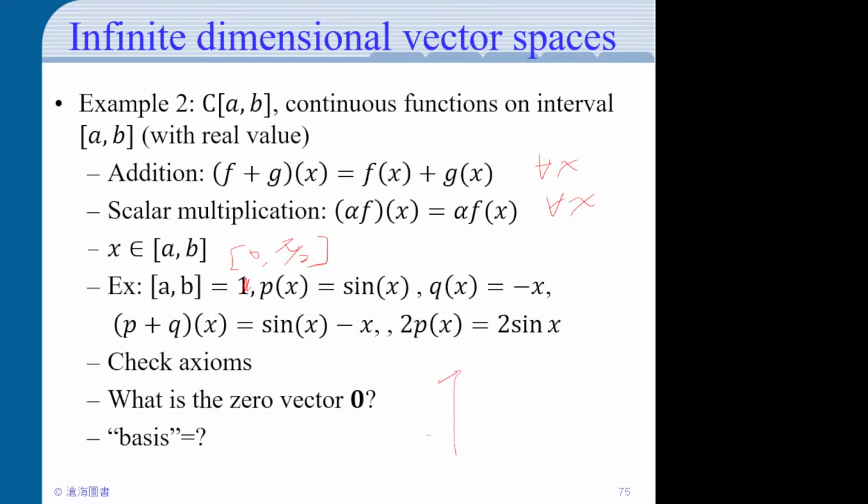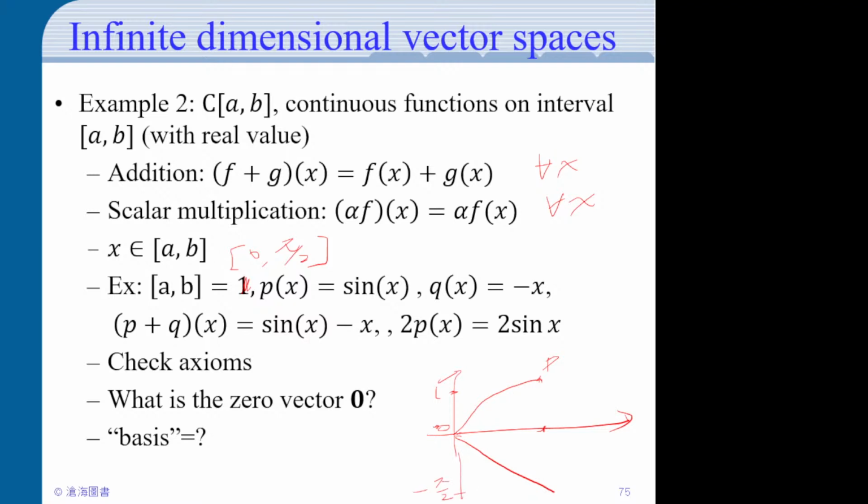Then our p of x will be sin x, going from 0 to pi over 2, and sin of x looks like this, from 0 to 1. And q of x is minus x, going from 0 to minus pi over 2.